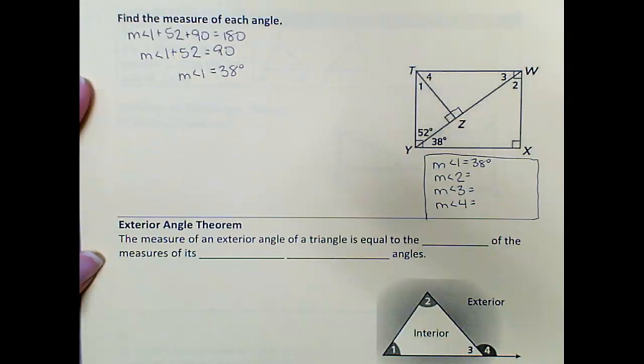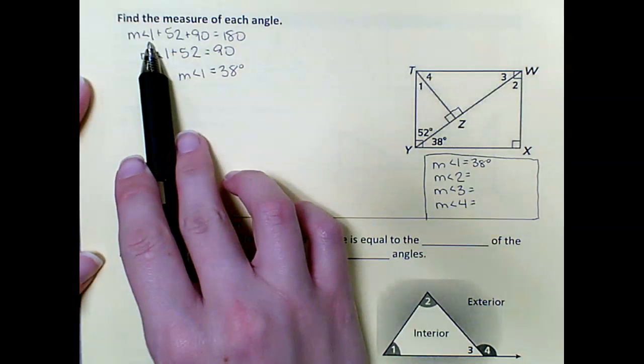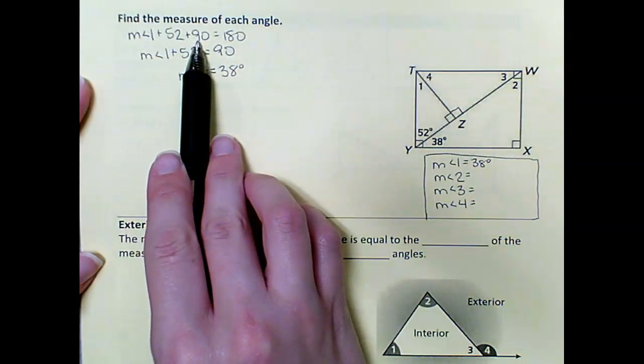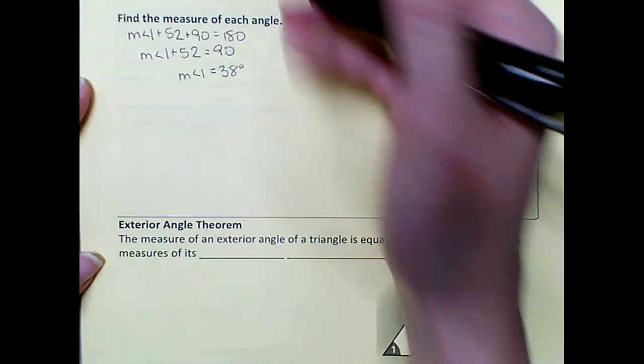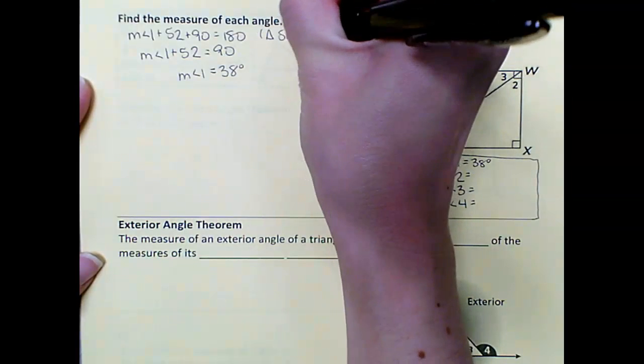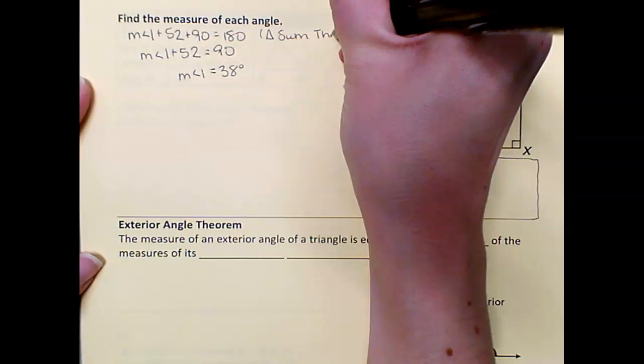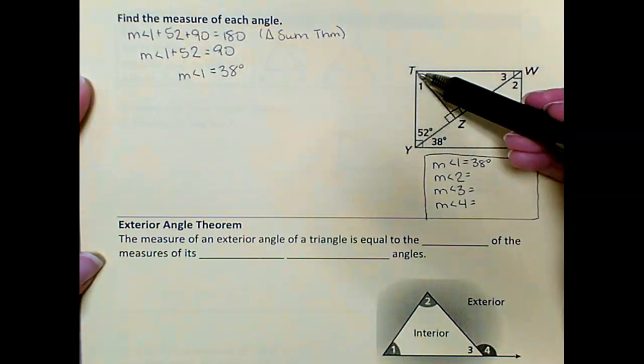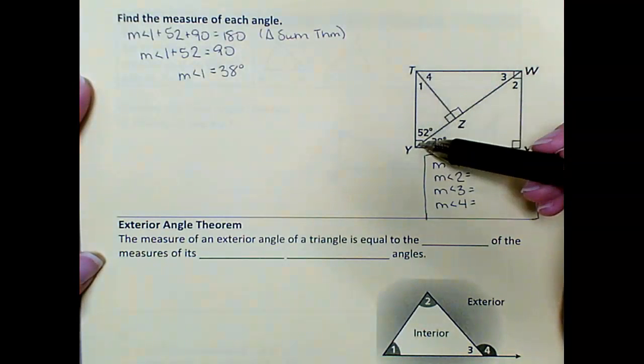So I want to point out 2 possible equations that you wrote that would be correct. The first one is the measure of angle 1 plus 52 plus 90 equals 180 degrees. That's by the Triangle Sum Theorem. And we're talking about triangle TYZ right here.